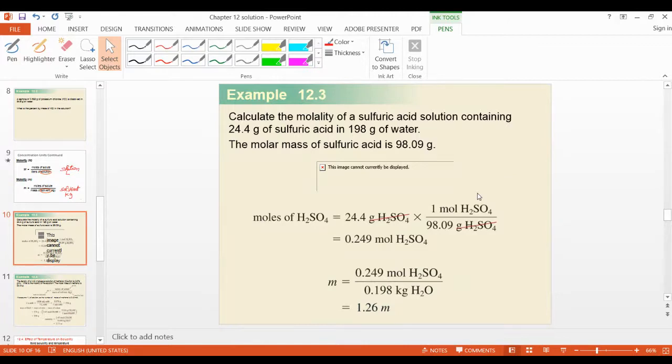Okay, this is the calculation: the molality of a sulfuric acid solution containing 24.4 gram of sulfuric acid in 198 gram of water.